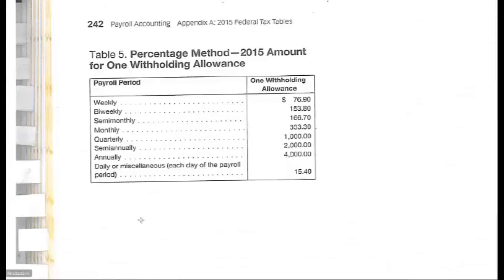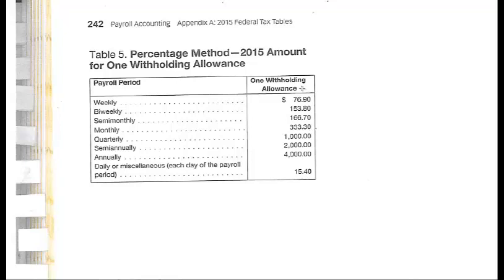So the first step in the percentage method is to deduct the correct amount for allowances. These amounts are built into the wage brackets but have to be manually deducted for the percentage method. So Jordan is paid monthly, and for every allowance he has, he gets $333.30 deducted from his pay.